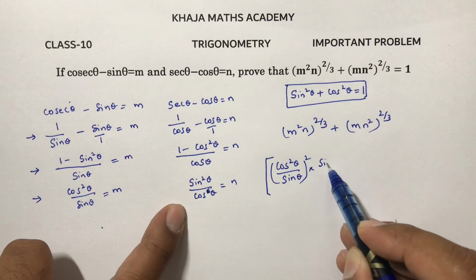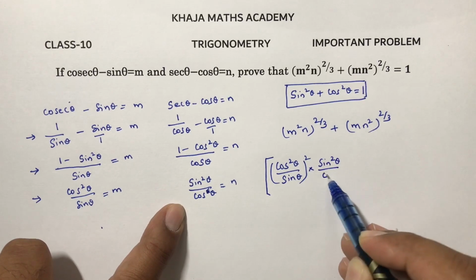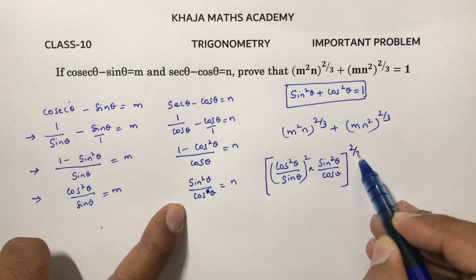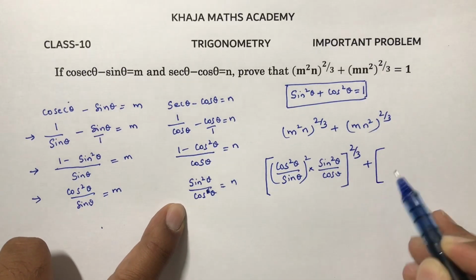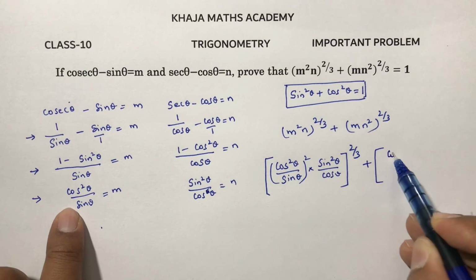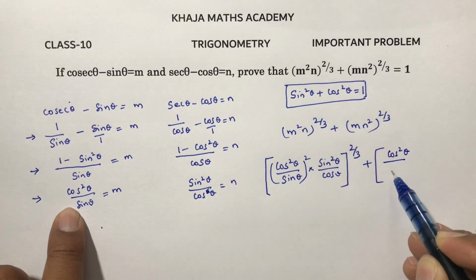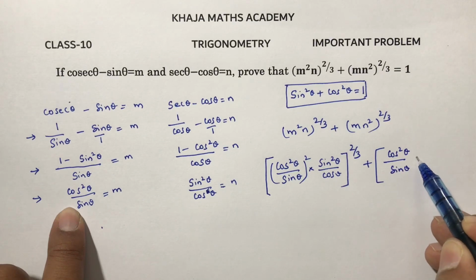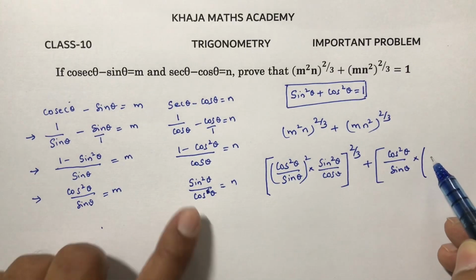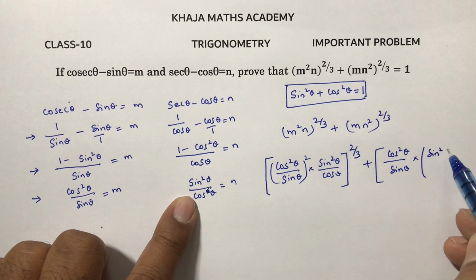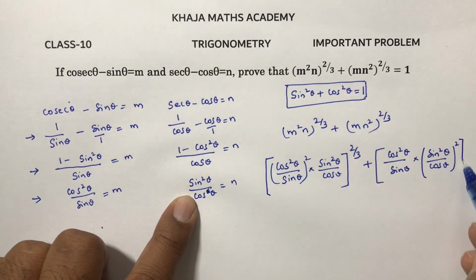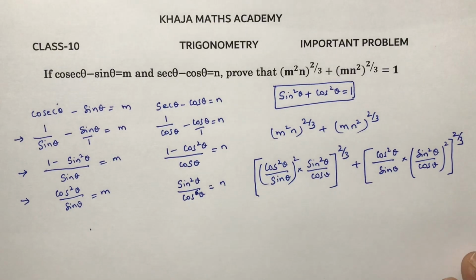N is sin square theta by cos theta, whole power 2 by 3, plus m, that is cos square theta by sin theta, into n square. N value is sin square theta by cos theta whole square, whole power 2 by 3.